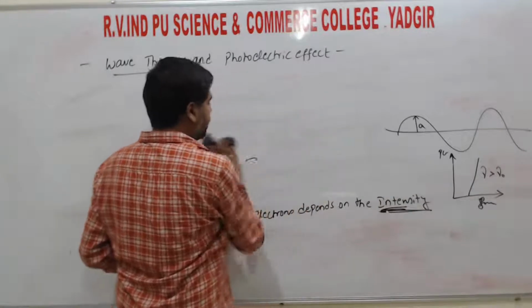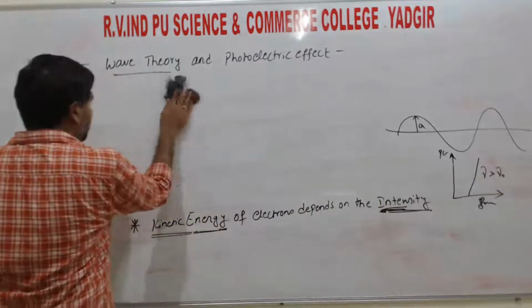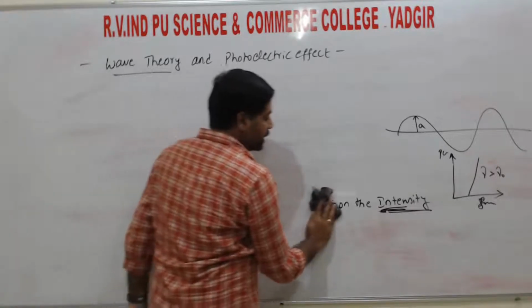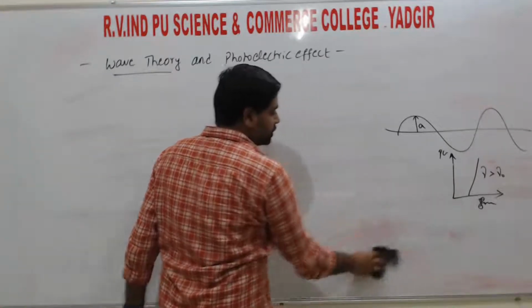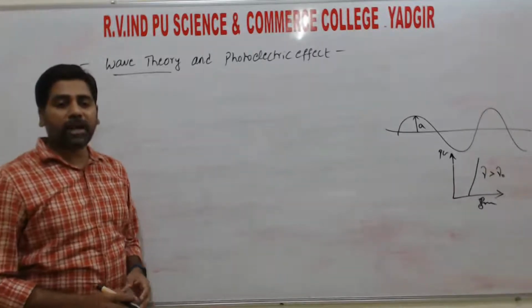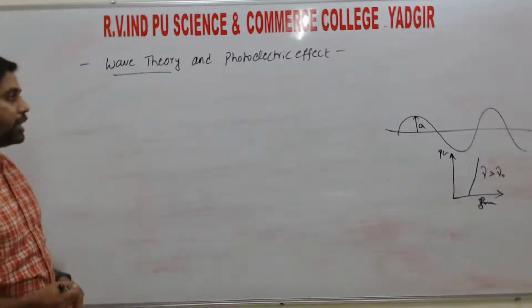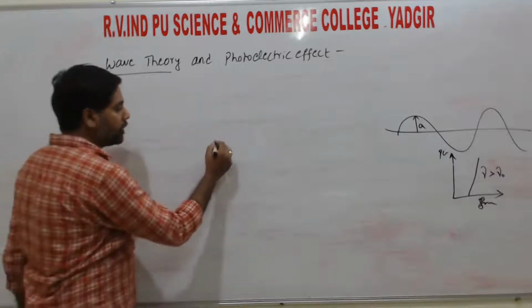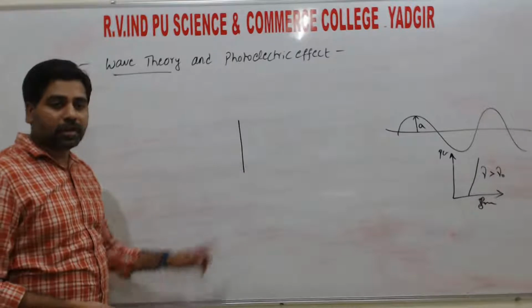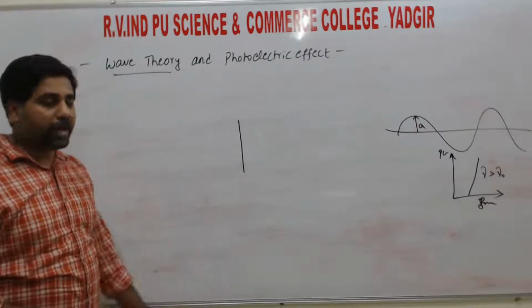that is, in the first point of the experimental observation, we state that photoelectric emission is an instantaneous process, that is, it takes a time of the order of 10 to the power of minus 9 seconds. But here, consider this one is the metal plate, that is, the photosensitive metal plate.